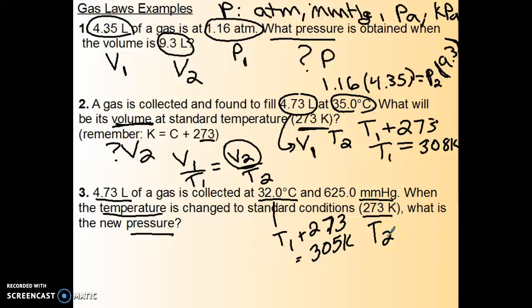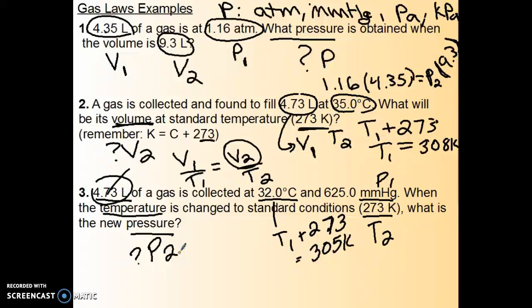Then it's asking us what the new pressure is. Since it gave us an original pressure and it's asking us for the new pressure, our other variable must be pressure. Now we can ignore volume. It's not that important in this question because it's not changing. It's being held constant. So our millimeters of mercury will be our pressure 1, and the new pressure is unknown, our pressure 2.